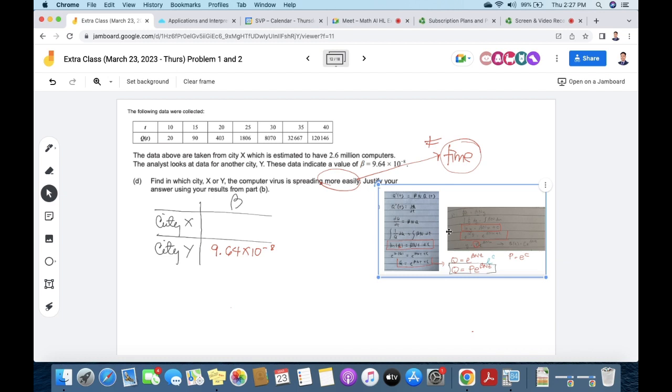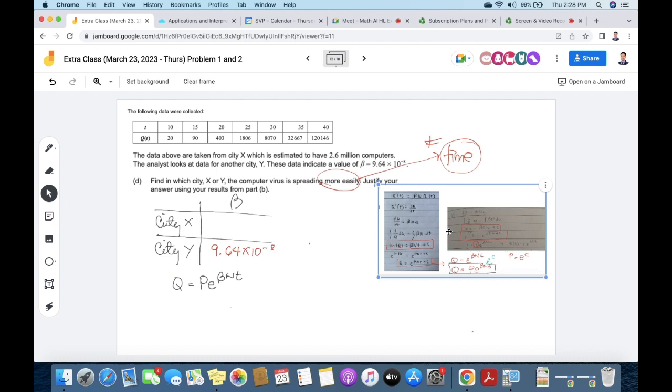Based from this, I'll use the one that Kanya got and Joel as well. Q is equal to P e to the power of beta, n, and t. Do you understand this one?